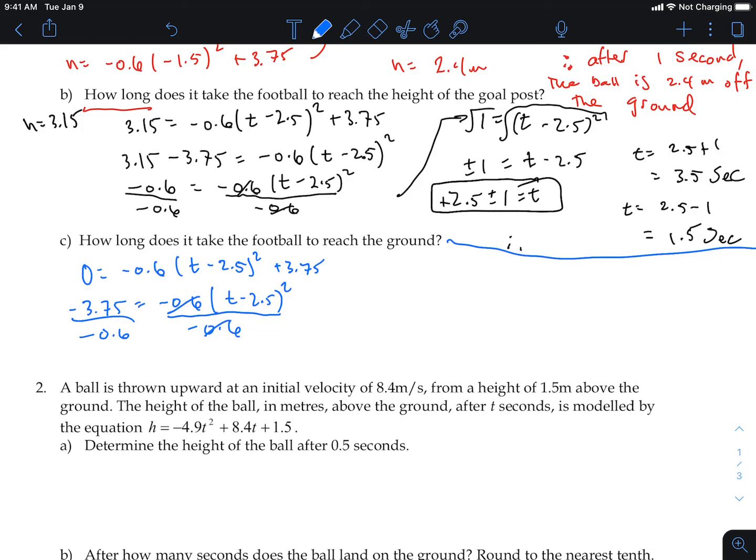What is that number? 6.25 equals (t minus 2.5) squared. Are we okay so far? Square root both sides. I'm allowed to do that because the number on the left is positive. What's the square root of 6.25? Anybody that far? 2.5. So you're going to get plus minus 2.5 is equal to t minus 2.5.